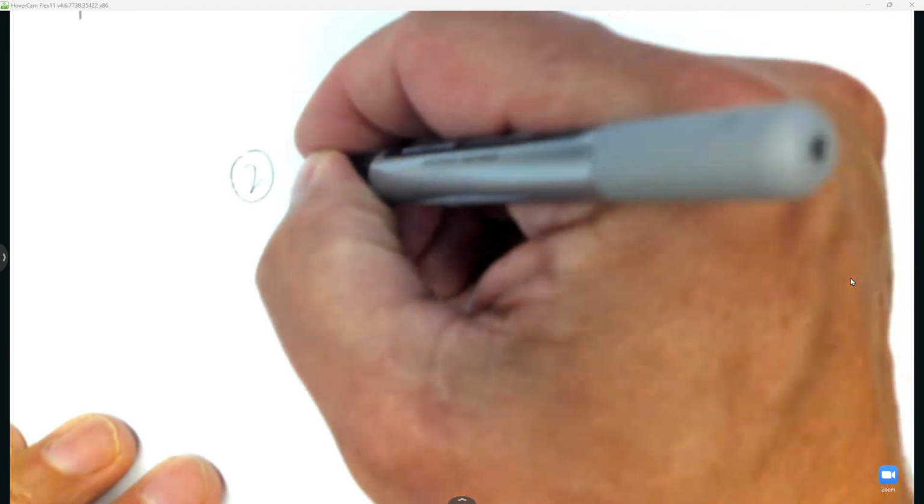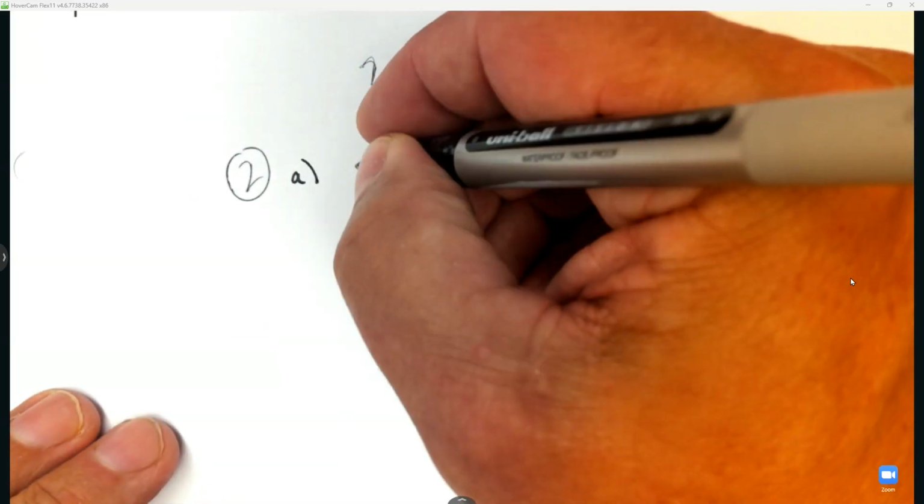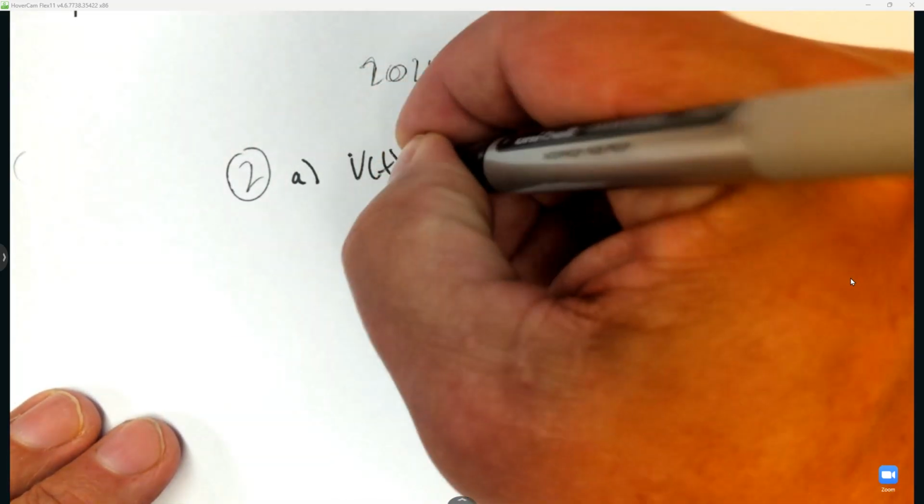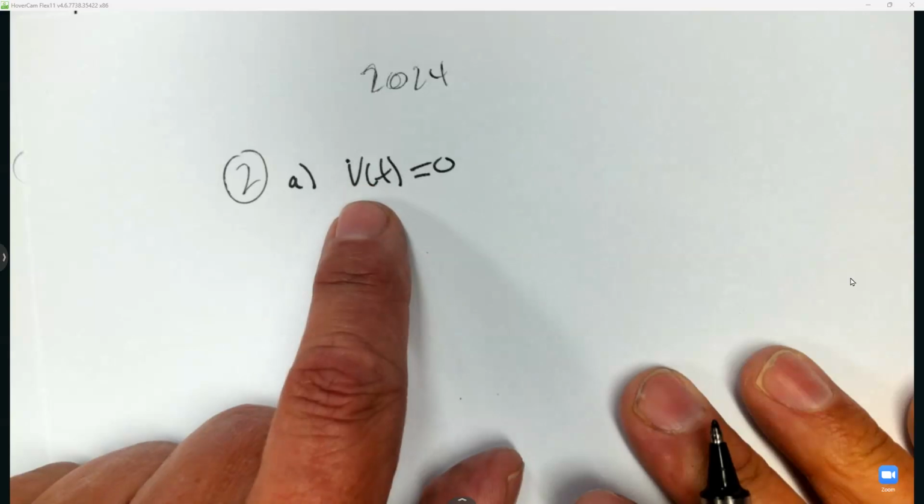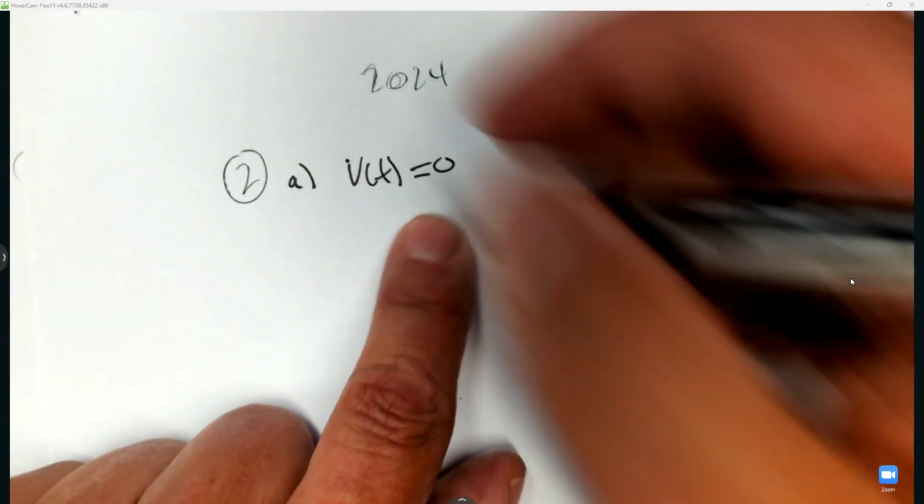All right, so here we are, again 2024, question number 2. So for A, what are we doing first of all? When the velocity is equal to 0, the particle is resting.